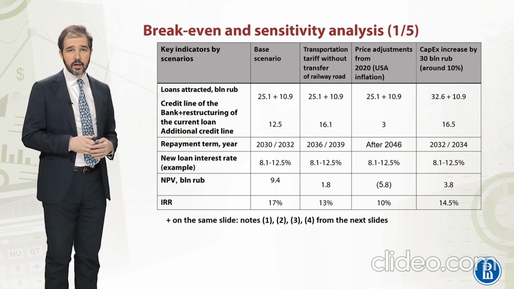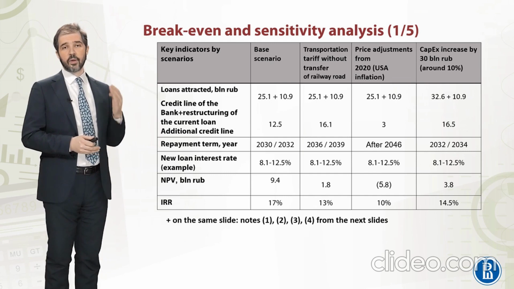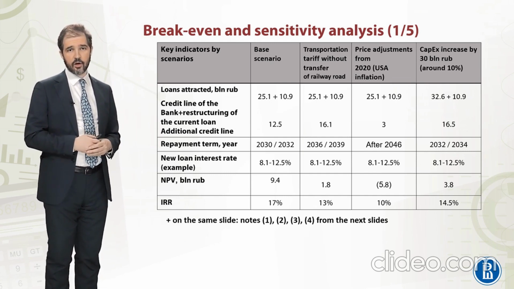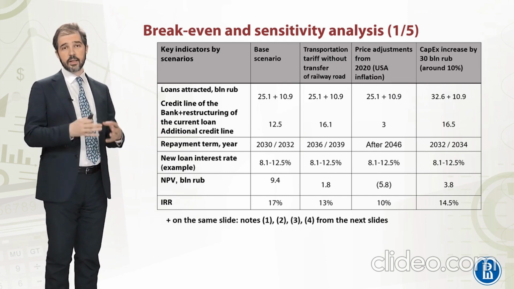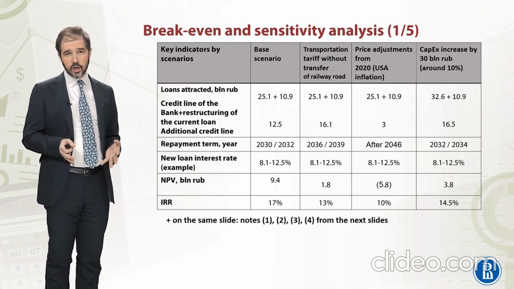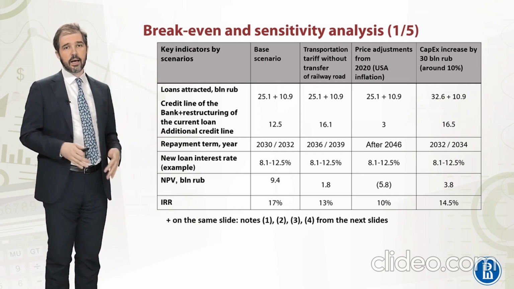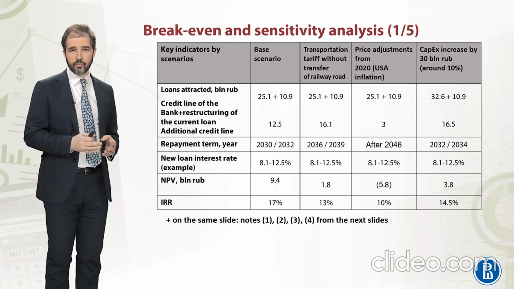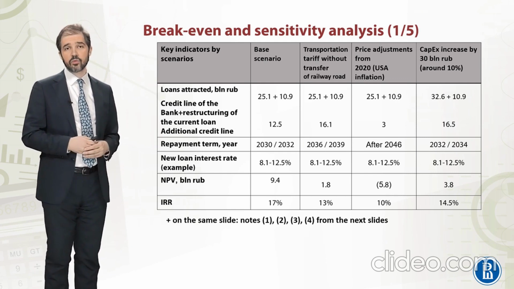We see NPV in the basic scenario and IRR of this project in the basic scenario, which is 17%. So in the basic scenario, it looks generally acceptable because NPV is positive and IRR looks higher than the possible discount rate.